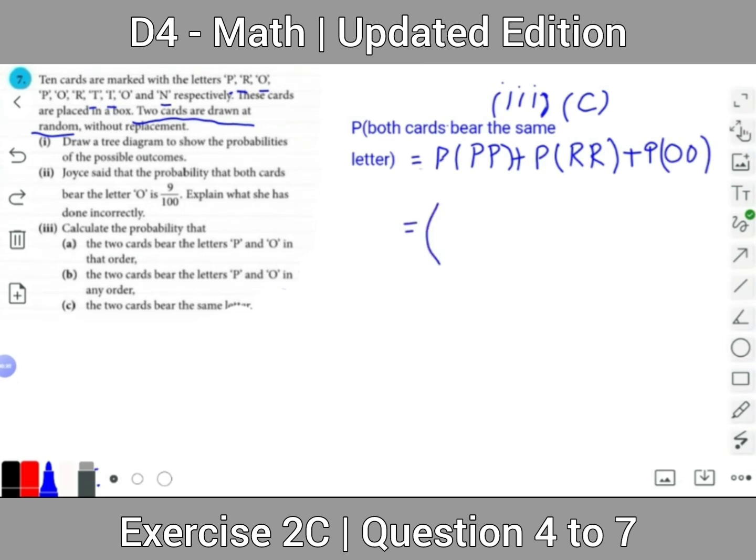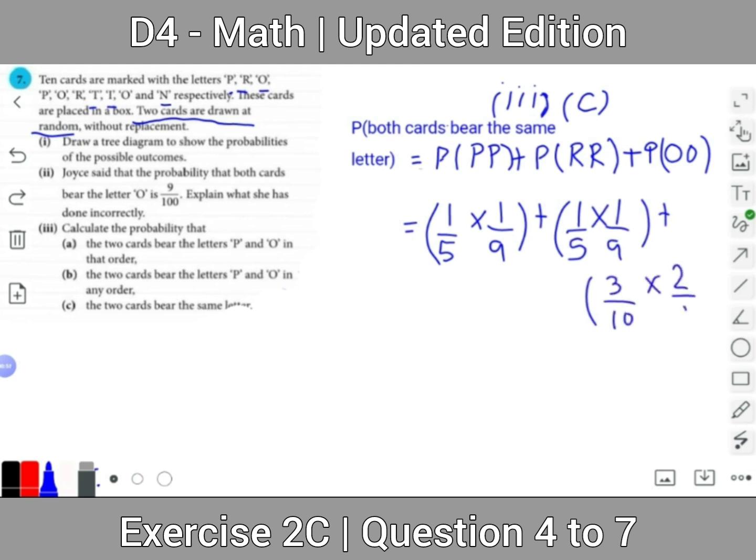So 1 over 5 multiplied by 1 over 9, plus 1 over 5 multiplied by 1 over 9, plus 3 over 10 multiplied by 2 over 9.